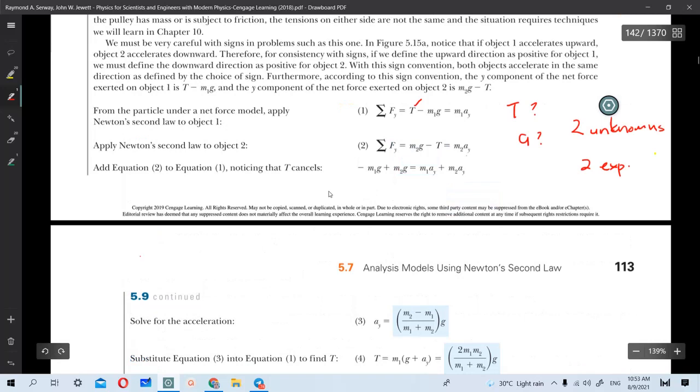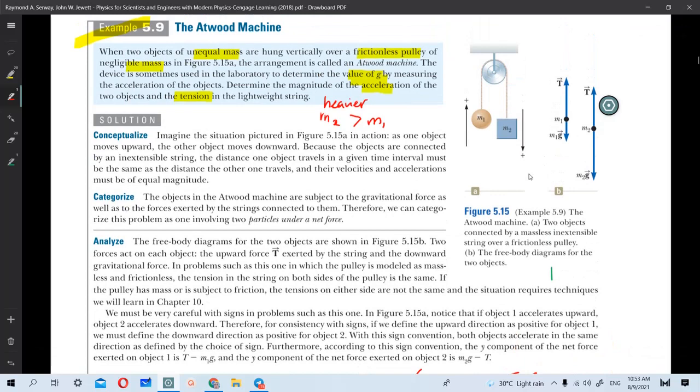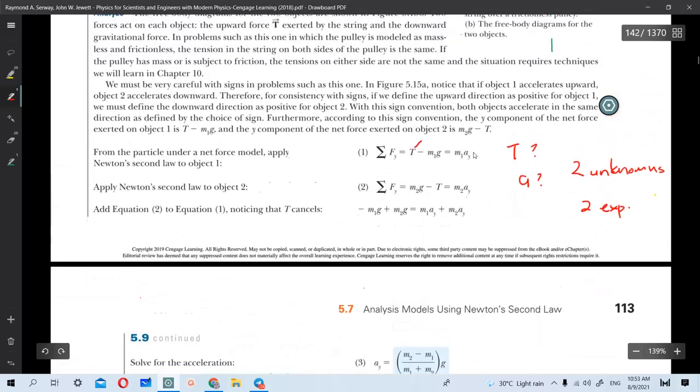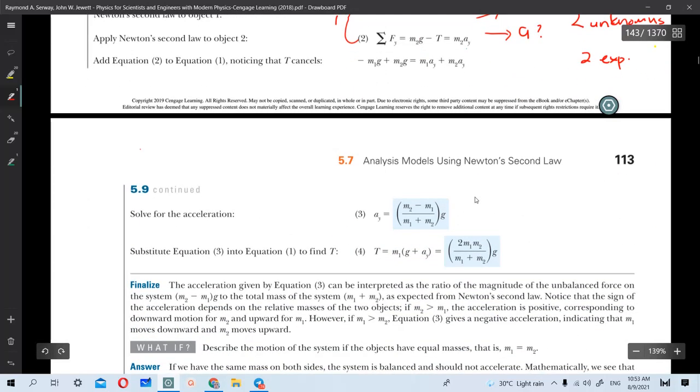In order to understand more of this technique, what you can do on your own is substitute values randomly. For example, earlier I gave you 10 kilogram and 5 kilogram. Using the first technique, arrive at tension and acceleration, and double check by using the shortcut technique.